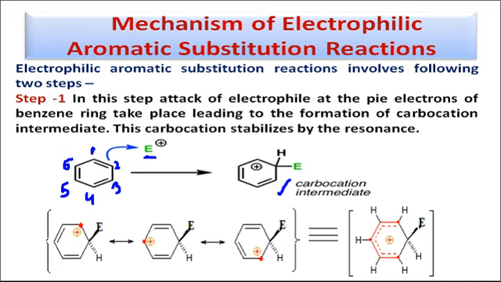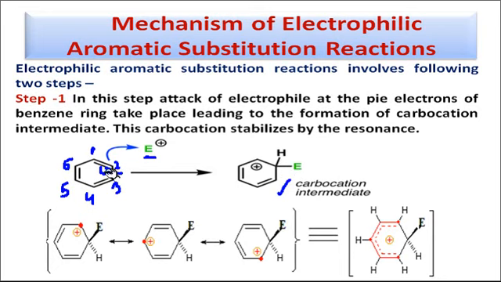Suppose the pi bond between the first and second carbon atom. Now when the electrophile attacks this pi bond, suppose it attacks the second carbon atom, so the electrons of the pi bond move towards the second carbon atom. These electrons are now available with the second carbon atom, and the electrophile attacks this carbon atom.